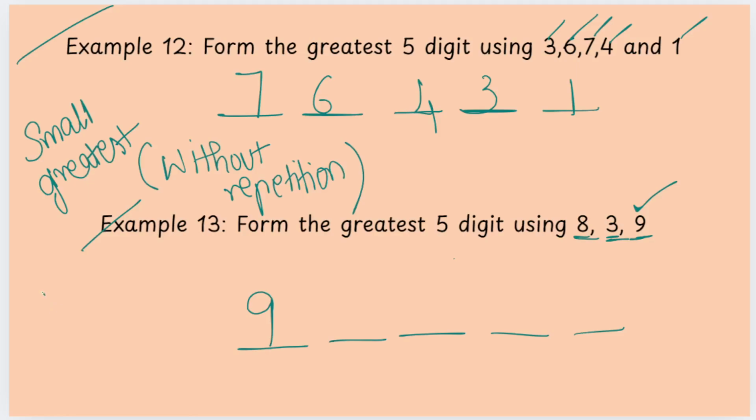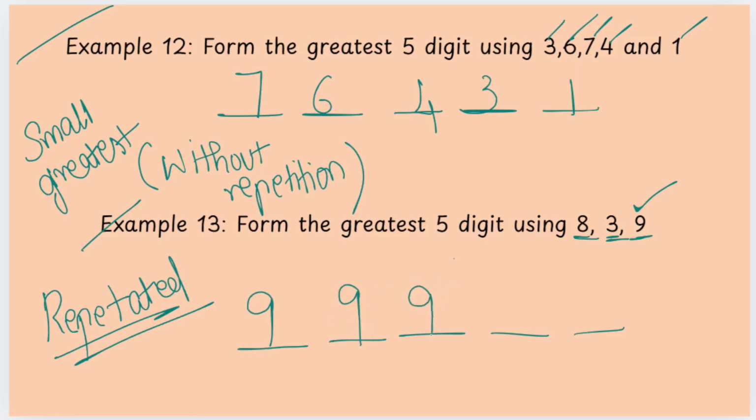So this is a repetition. The number can be repeated. So which is the biggest number? 9. 9 can be repeated 2 times. Then we have to write the next greatest number, 8. And the next greatest number is 3.